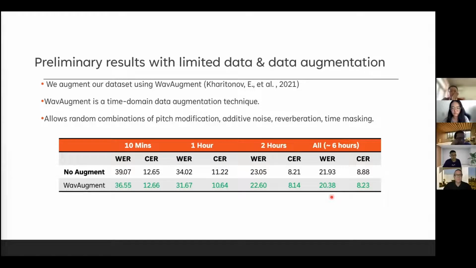Eventually we achieve around 20% word error rate and 8% character error rate on the Māori language with wave data augmentation. So this is the preliminary result with the Māori language.